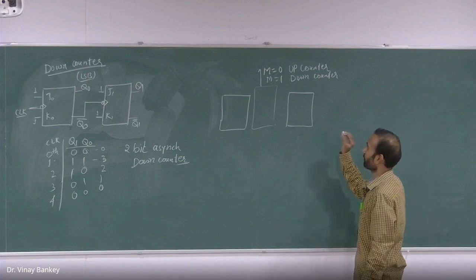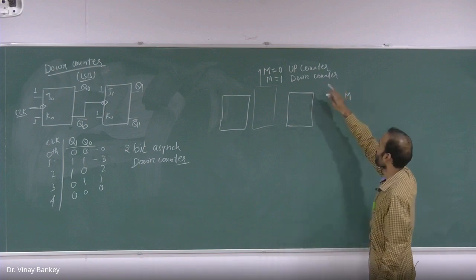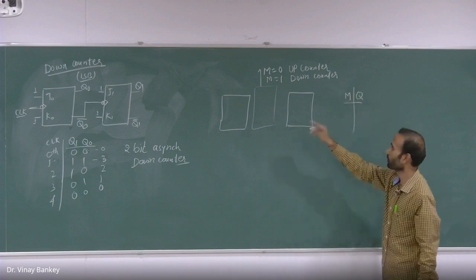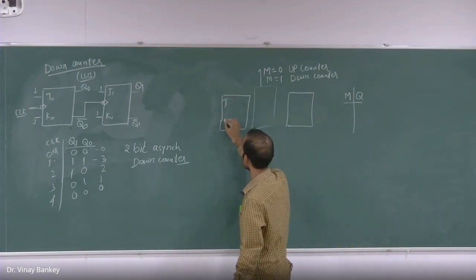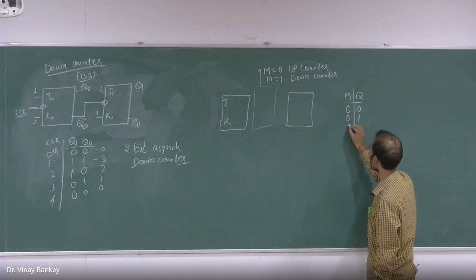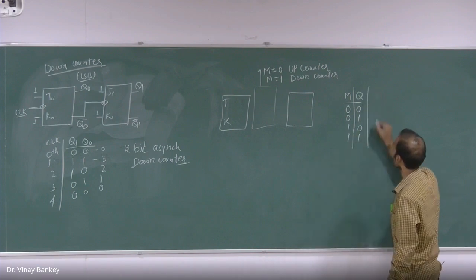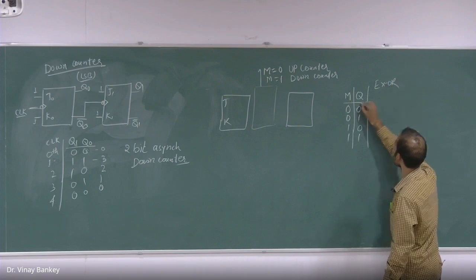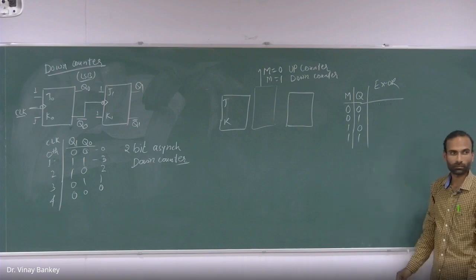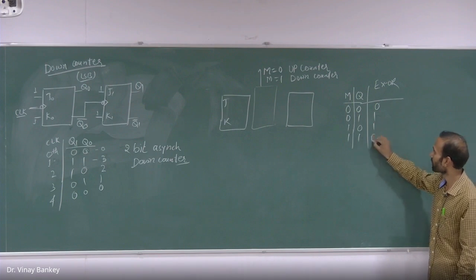So there is a property of XOR gate. What is that property? If I say this is my mode, and according to mode I want to change the operation of this, and I have here Q, that is the output of this flip-flop. These two variables are fed to the XOR gate. So what will be the output of XOR gate? 0, 1, 1, 0.